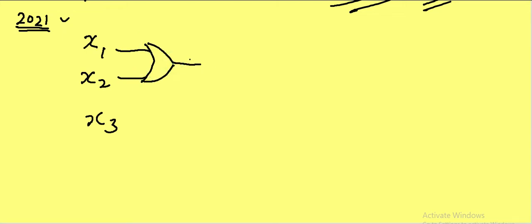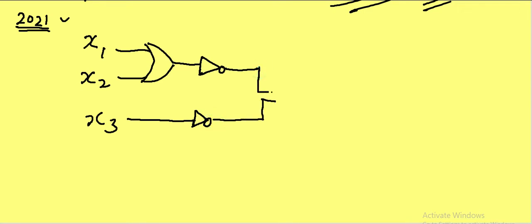Then the output of this OR gate is inverted. Then x3 is inverted, and these two outputs are fed to this AND gate, and then this is again inverted using this NOT gate or inverter, right? And they ask what is the value of F.